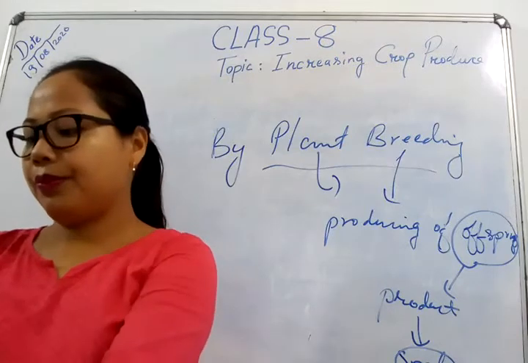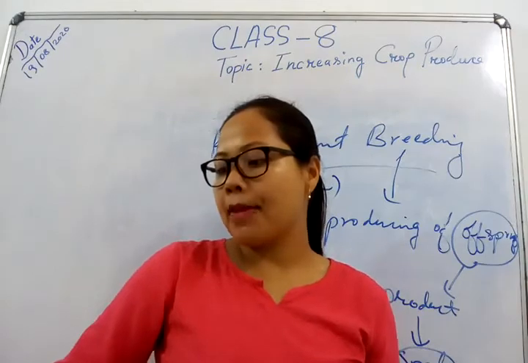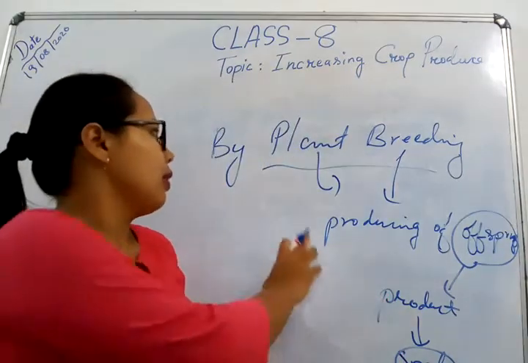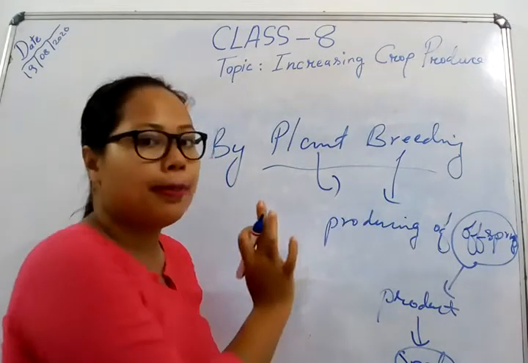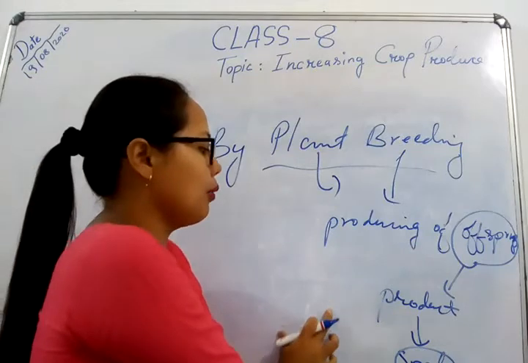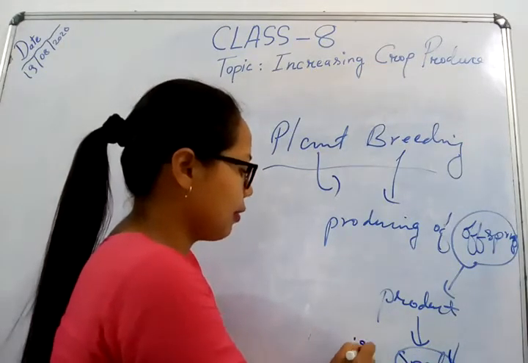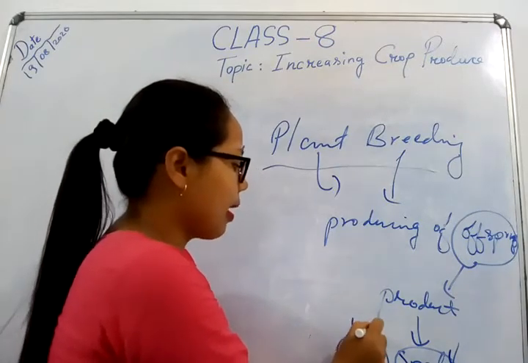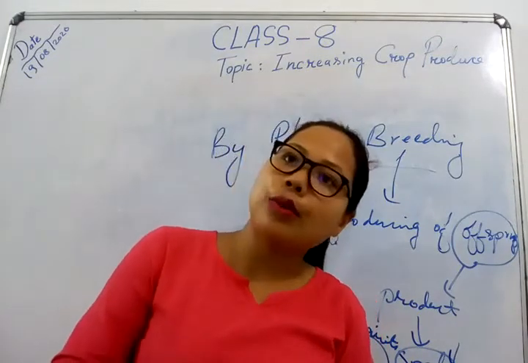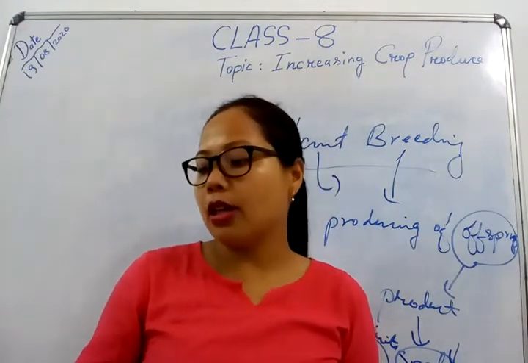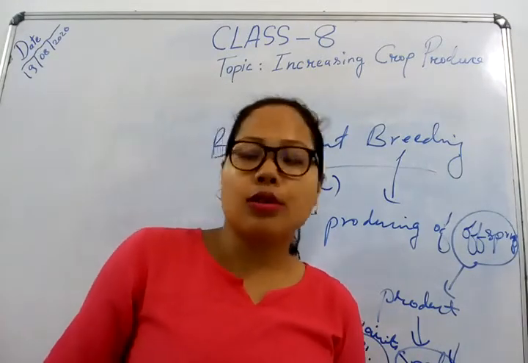As I have said, we will get varieties of plants by plant breeding. So how do we get different kinds of seeds? Scientists are continuously working on it. They control reproduction in plants, and also in animals.